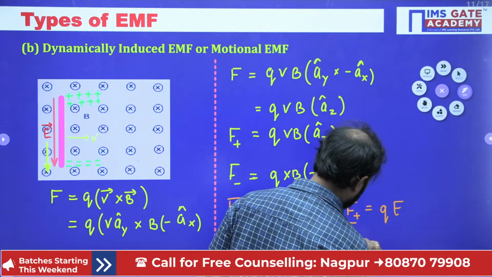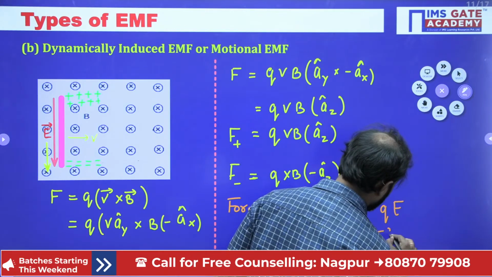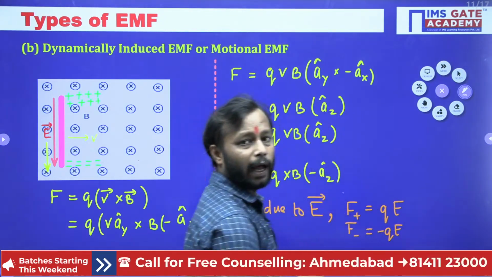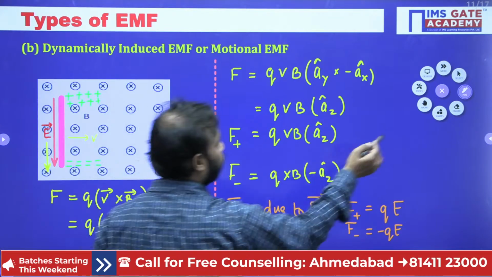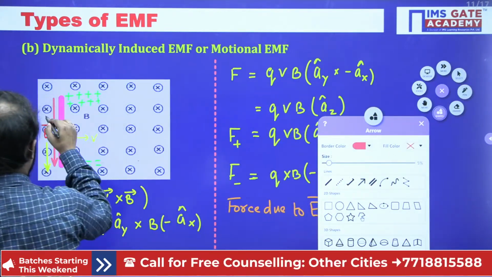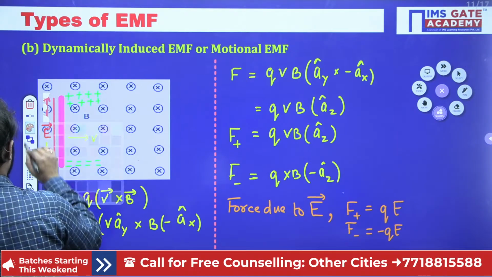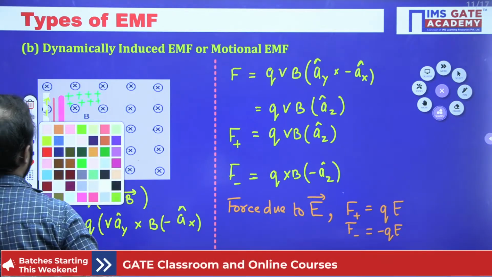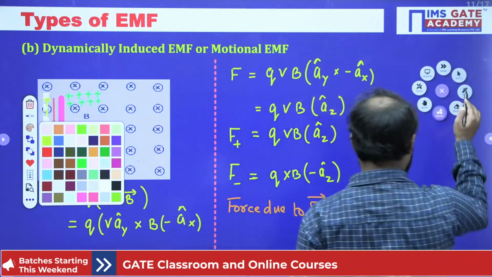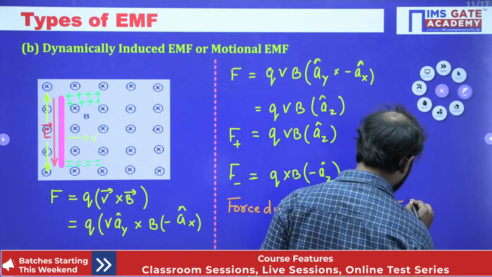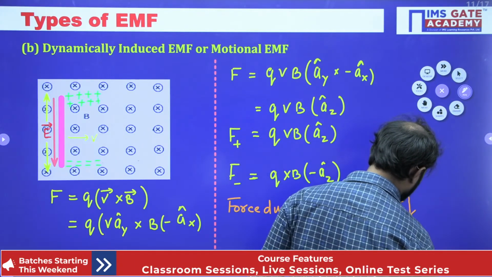F negative will give the force in the opposite direction, so that will be upward. Am I clear? So this is in the downward direction and this is in the upward direction.